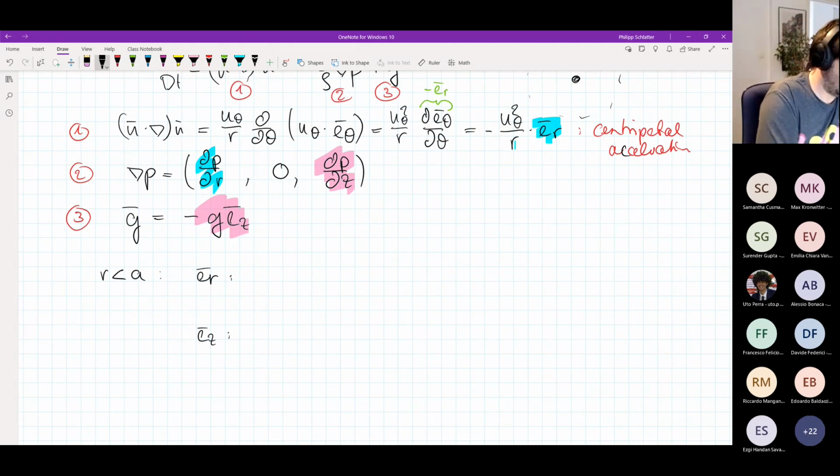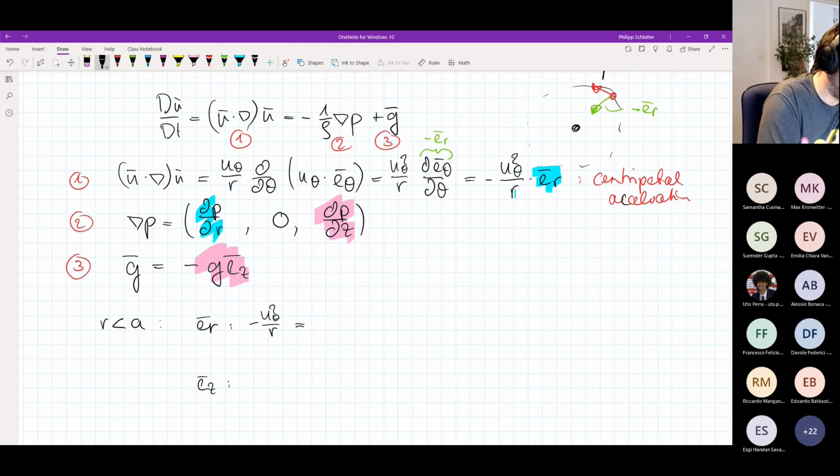We have minus u theta squared divided by r times ER, which is the same as the pressure gradient in this direction. So that means minus 1 over rho times dp dr. This here is the balance in the ER direction.